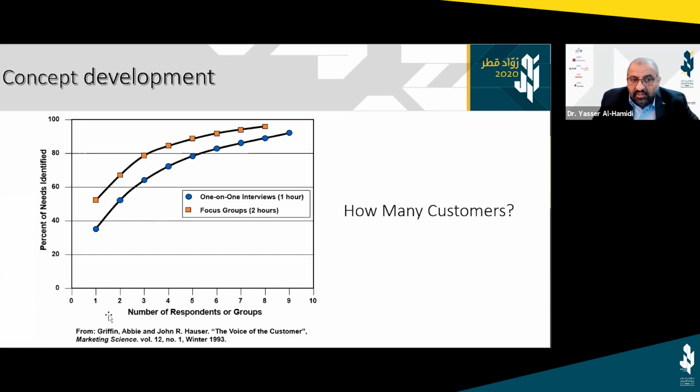As per this one, here we have a comparison of percentages of customer needs that are revealed for focus groups and for interviews as a function of the number of sessions. So as you can see here, for example, towards the end, you can do 9 individual interviews with customers, and this will be equivalent to 8 or 9 focus groups, and they are going to reveal almost the same amount of information about customer needs.